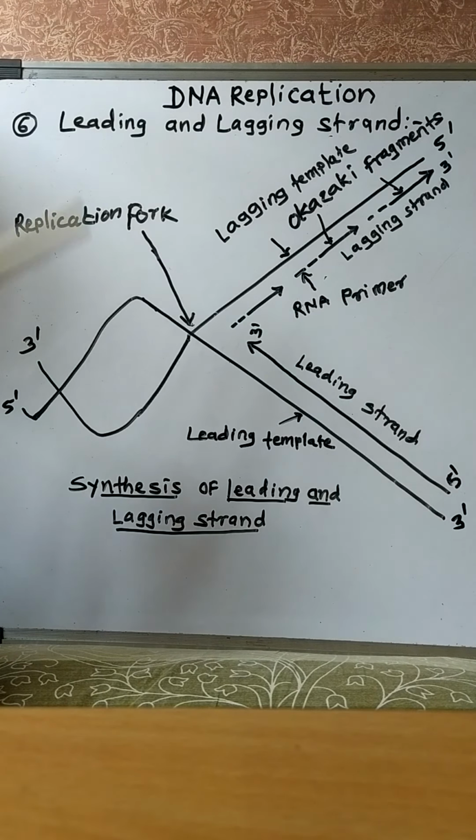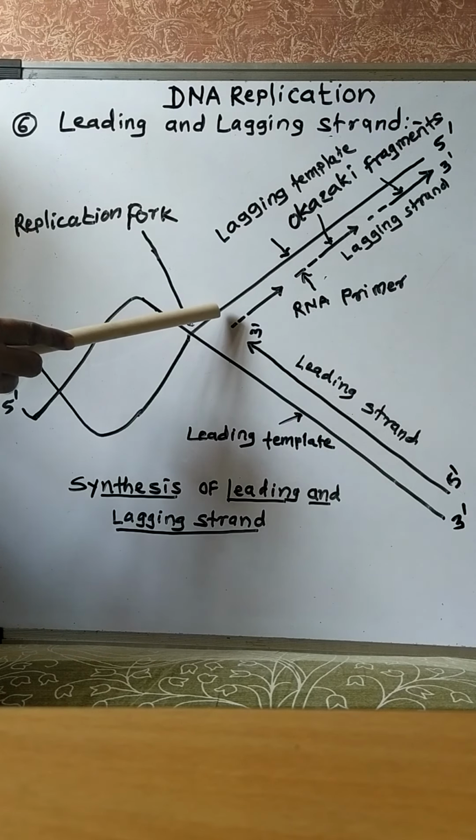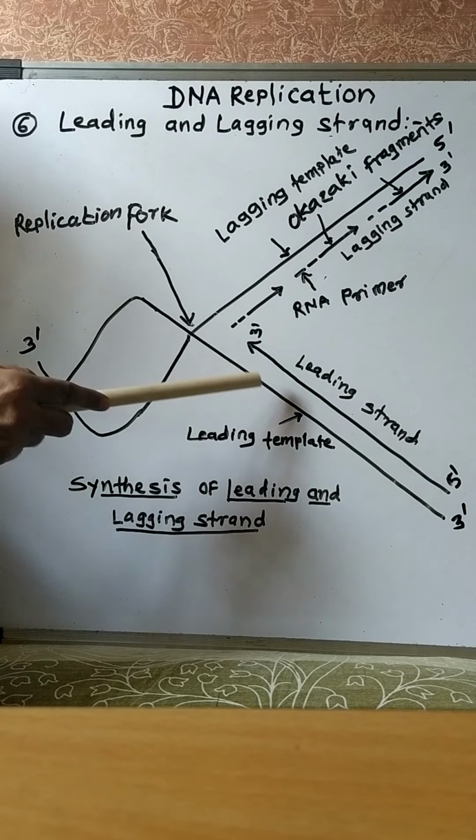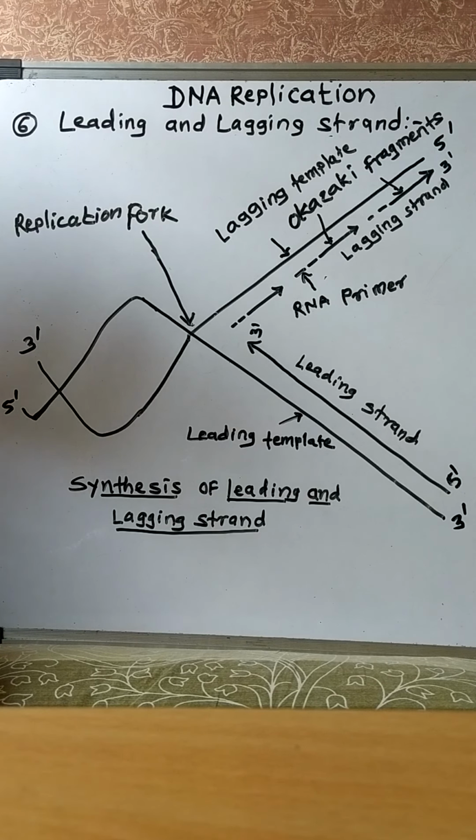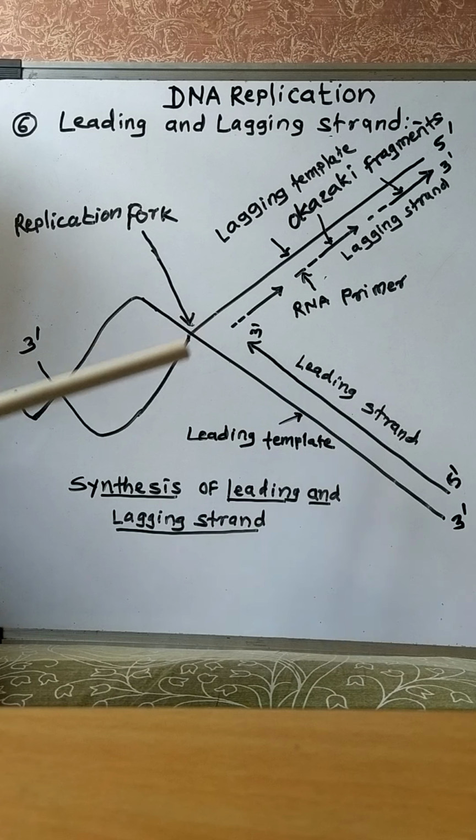Vice versa, thymine attracts adenine and cytosine attracts guanine. In this manner, complementary nucleotides are attracted and joined to the nucleotides present on the template strand by forming hydrogen bonds. Then these nucleotides are connected by phosphodiester bonds.